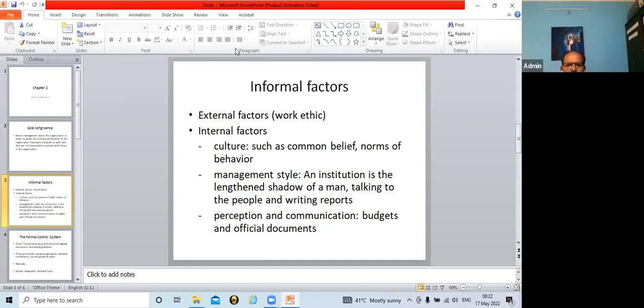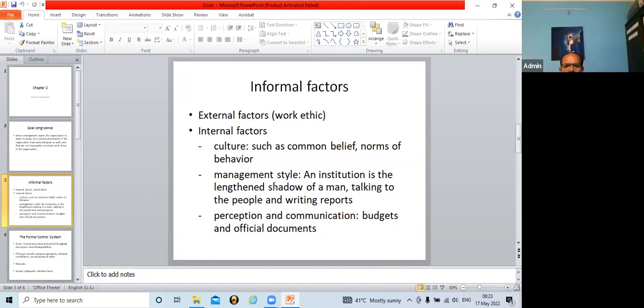We have mixed type of behavior. We like to work, but at the same time, we want some expected payment and facilities to be received. So there is a difference in common belief between India and Japan.